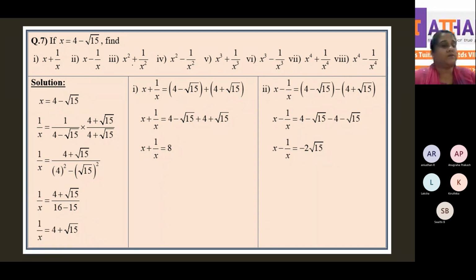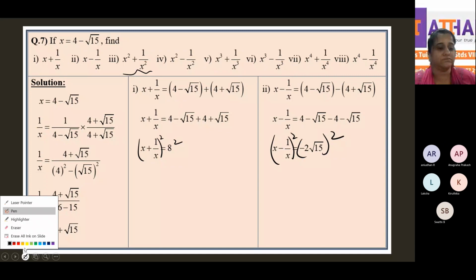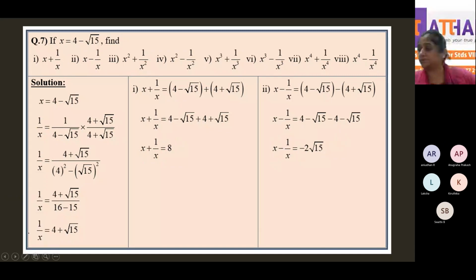Now next, how to find x square plus 1 by x square? For that you can square this one on both the sides, or you can square this one also on both the sides. In both the ways, you can find x square plus 1 by x square.